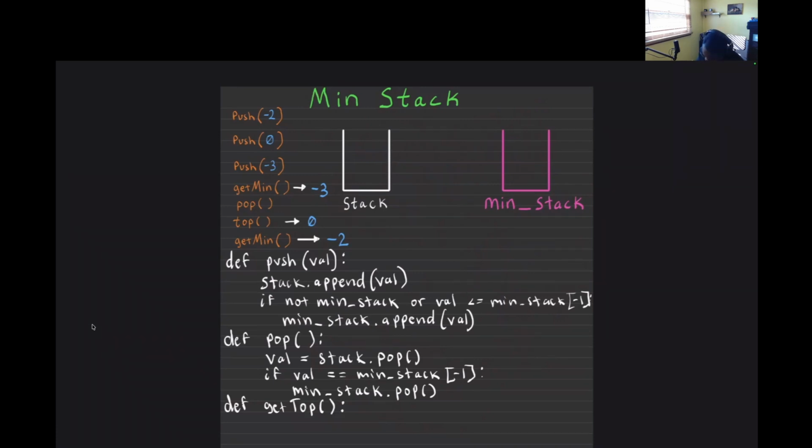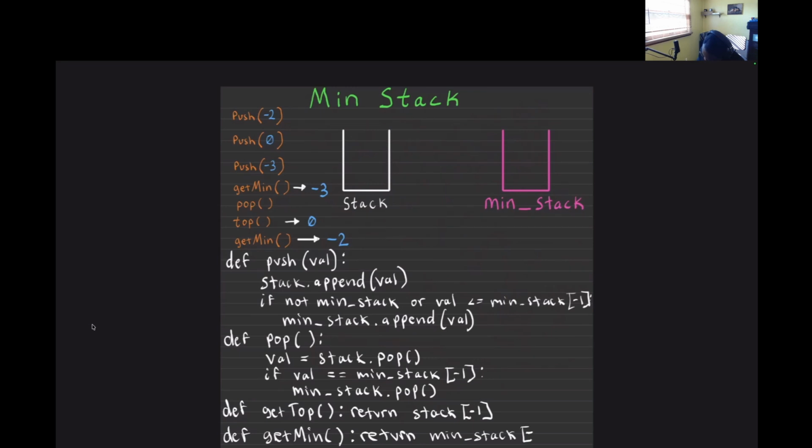All we do here is, for getTop, simply return our stack of -1, right? And then finally we have getMin, and as you'd expect, all we do is return the min stack of -1, and that is it there.